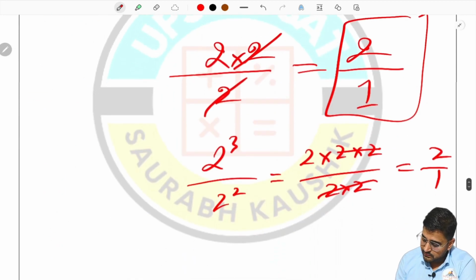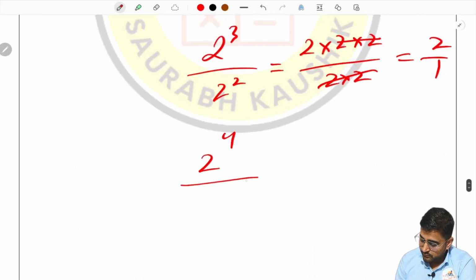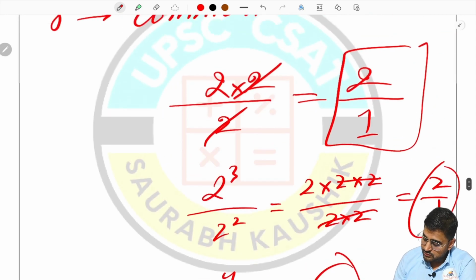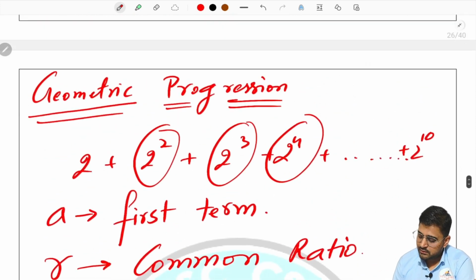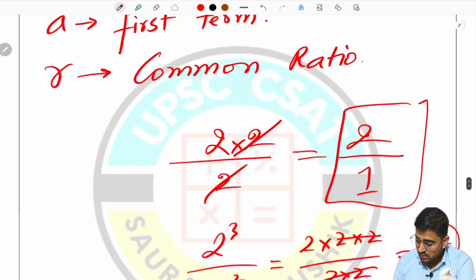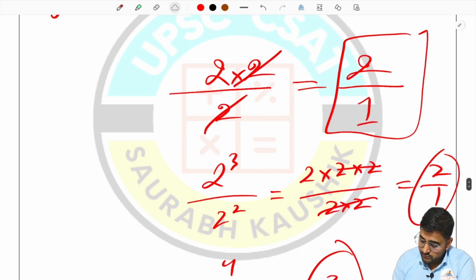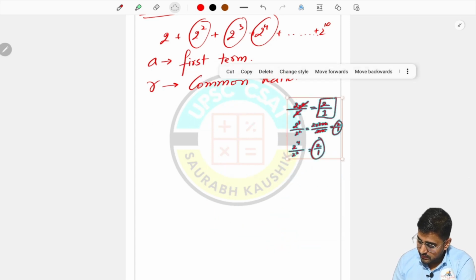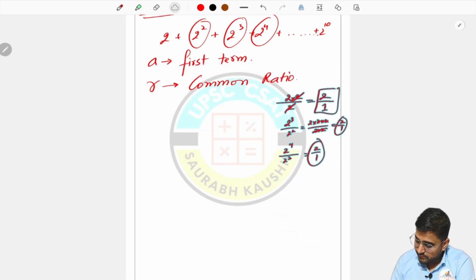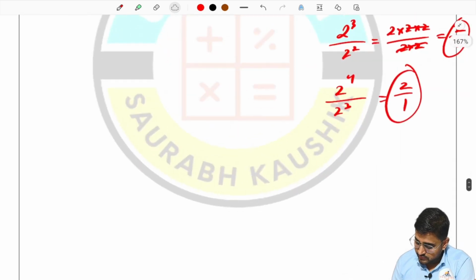For this case, 2 to the power 4 divided by 2 to the power 3. This ratio comes. So this ratio is called the common ratio because it is common in all aspects. Okay, so we have understood what the common ratio is. In AP there is a common difference. Now let us move ahead.